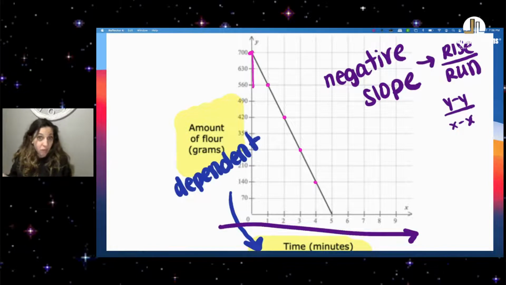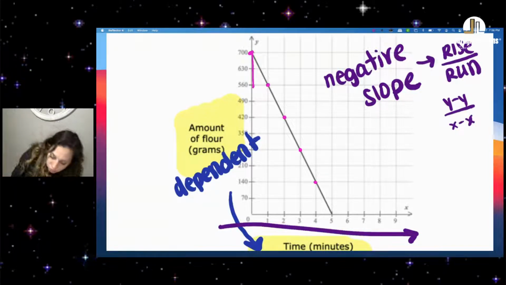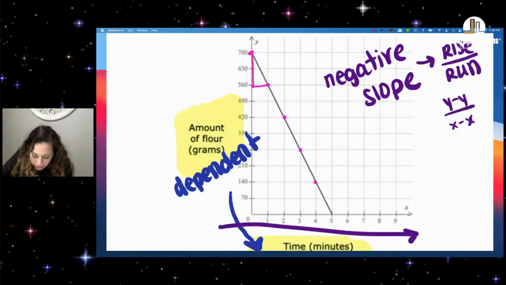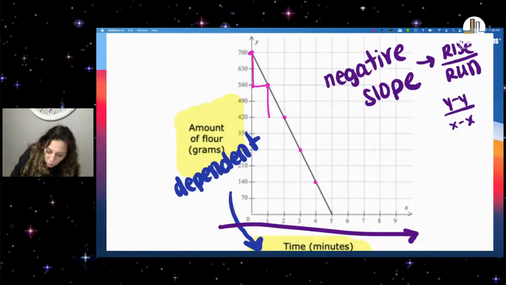Negative 160, and I'm running 1 minute. Sorry, that was not 160, that was 140. 700 minus 560 is 140. Then 560 minus 420 is 140, 1, 140, 1, 140, 1. So my slope is 140 over 1.